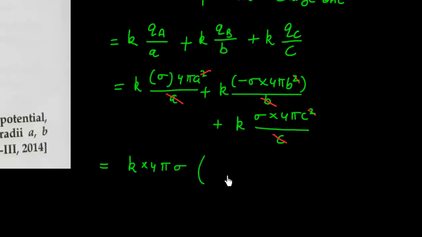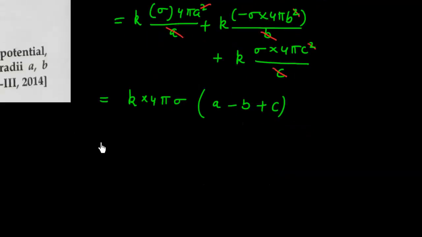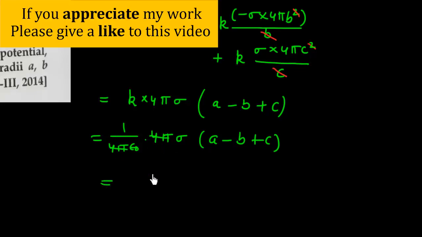We have a minus b plus c, which equals, since K is 1 upon 4 pi epsilon naught, 1 upon 4 pi epsilon naught into 4 pi sigma into (a minus b plus c). 4 pi will cancel out. So this equals sigma by epsilon naught into (a minus b plus c). So we have got the expression for VA.